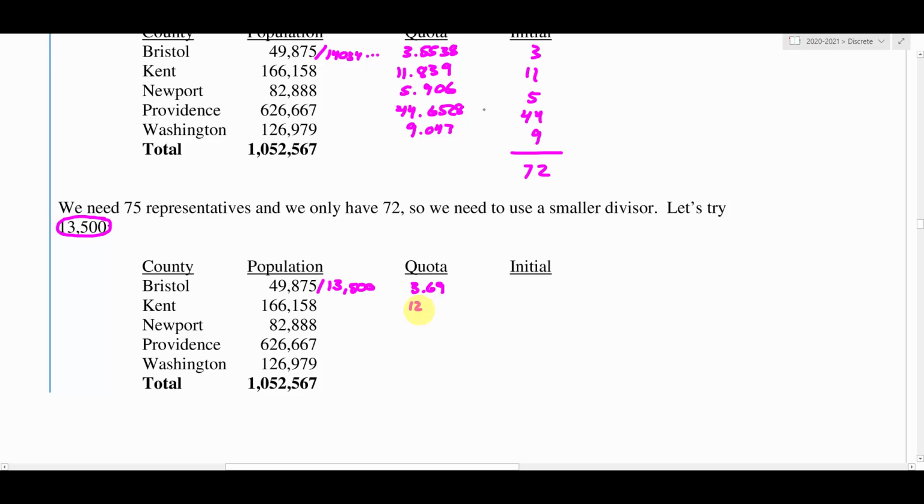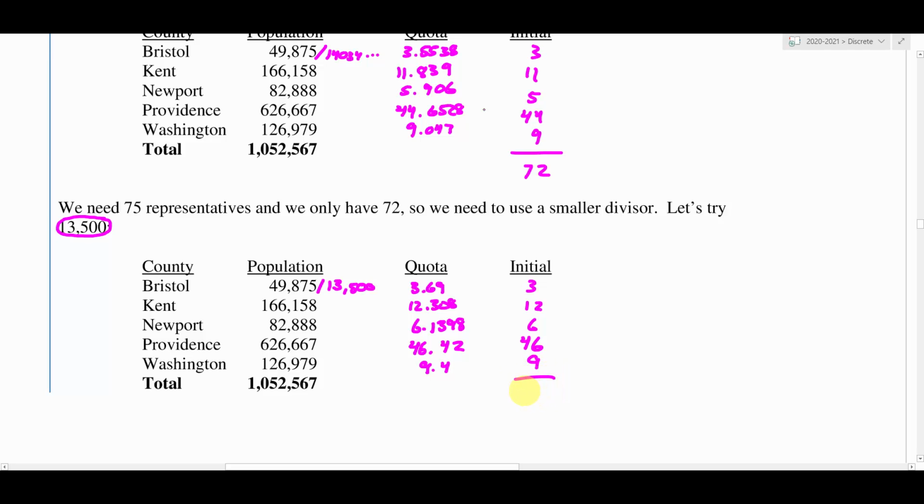We'll get 12.308 for Kent, 6.1398 for Newport, and then 46.42 for Washington. Right? And then we go through and chop off those decimal parts. So 3, 12, 6, 46, and then for Washington, it's 9.4-ish, so 9 for them.